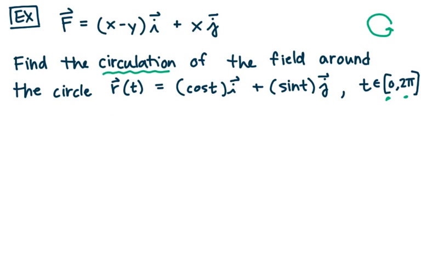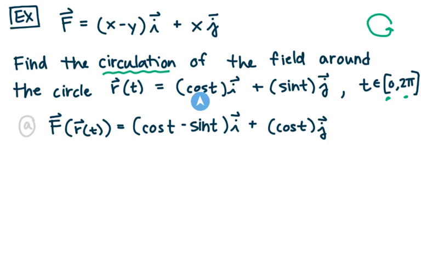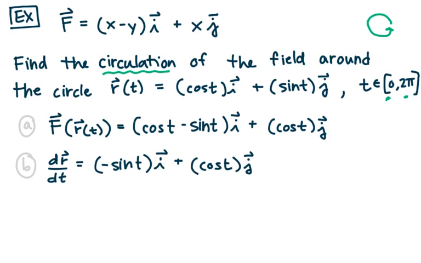Then we are going to dot that derivative with the force field, calculating then the integral from 0 to 2 pi. So when I plug in x equals cosine t, y equals sine t, and then that cosine t in for x, this is my result. So I'm going to dot this then with the derivative of r of t.